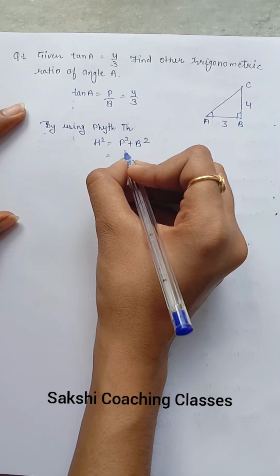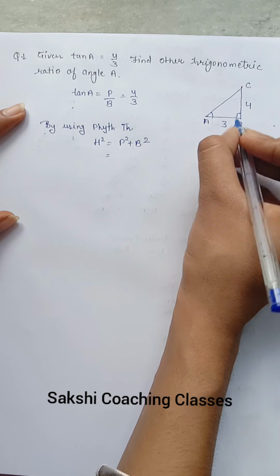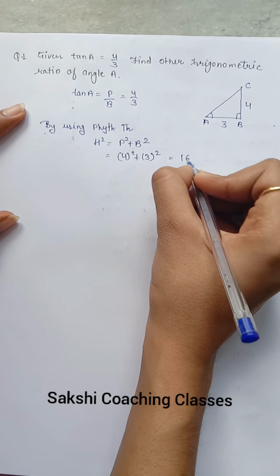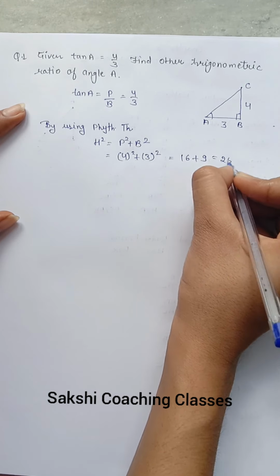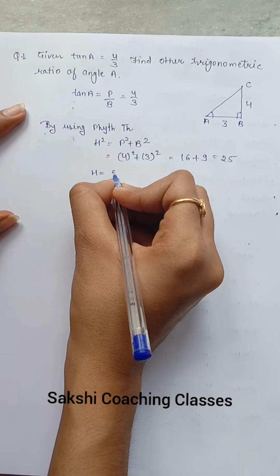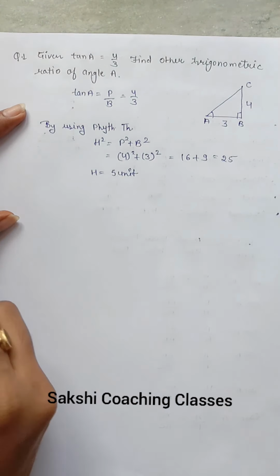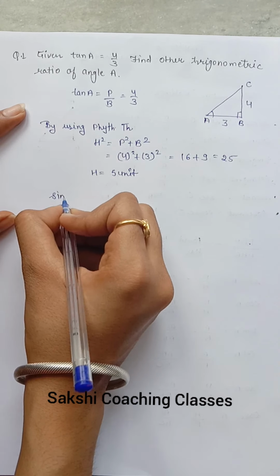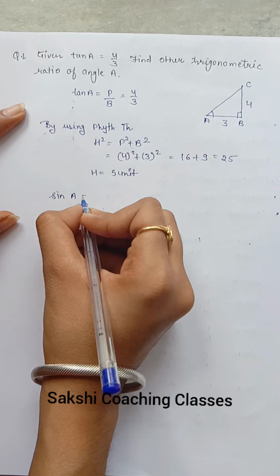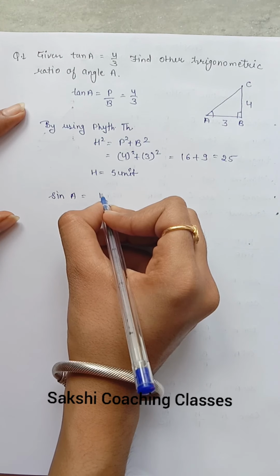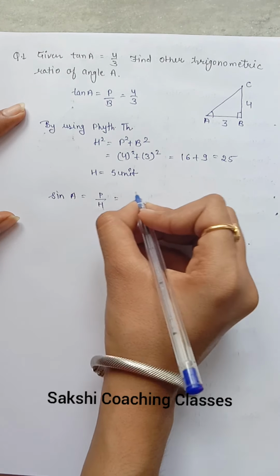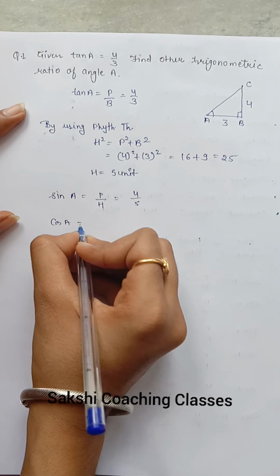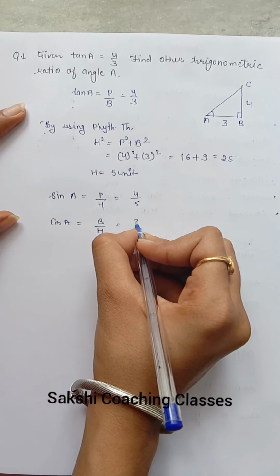Here p, the perpendicular, is 4, so basically the hypotenuse will be 5 units. Now you have to find all the trigonometric ratios. Sine A, what is the formula for sine? Perpendicular is 4, hypotenuse is 5. Cos A, base upon hypotenuse, 3 upon 5.